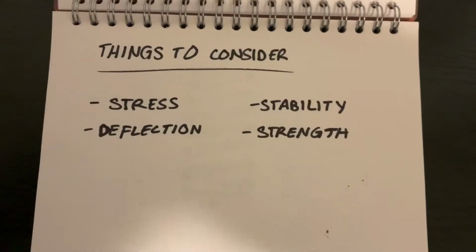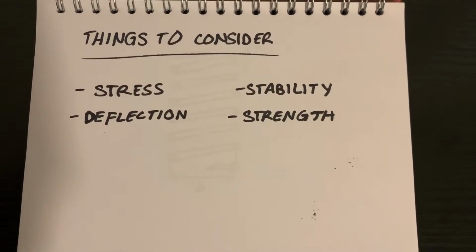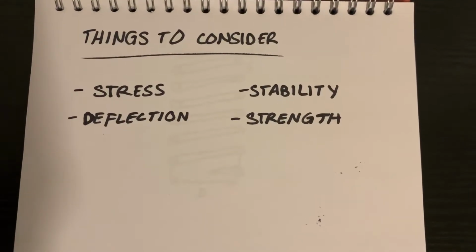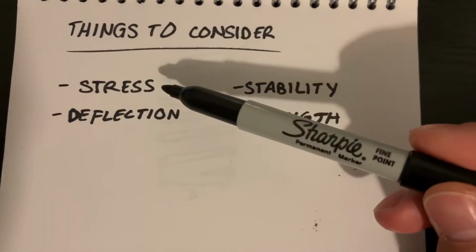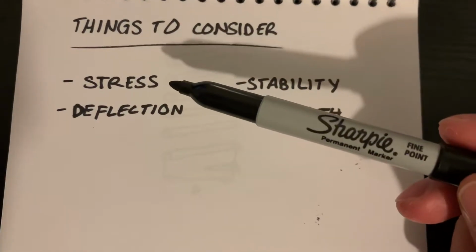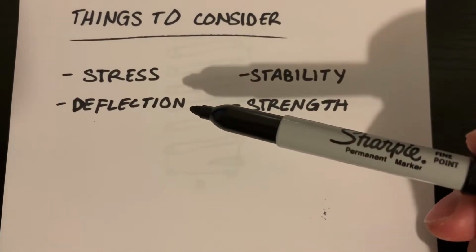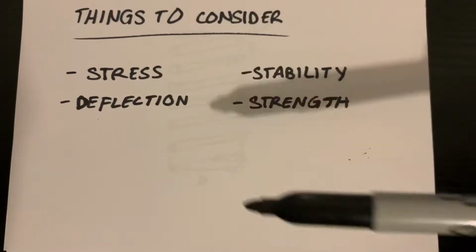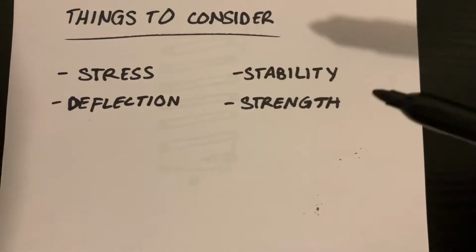Okay, so we know the functions of a spring. Now as engineers, we want to design one, and the things we need to consider are here. First is stress. What kind of stresses are we going to see in a spring, and how do they act? The deflection. For example, in a compression spring, the spring is being compressed, and we want to know how far it's being compressed.